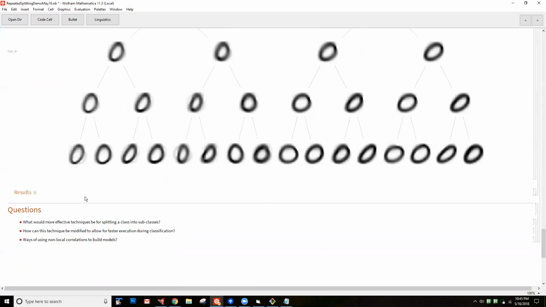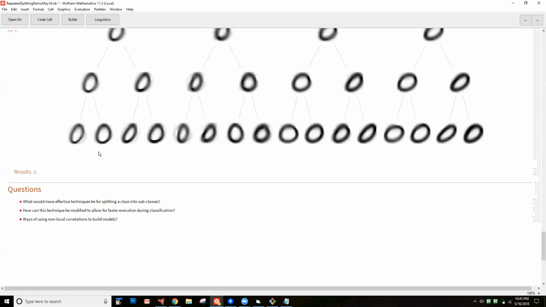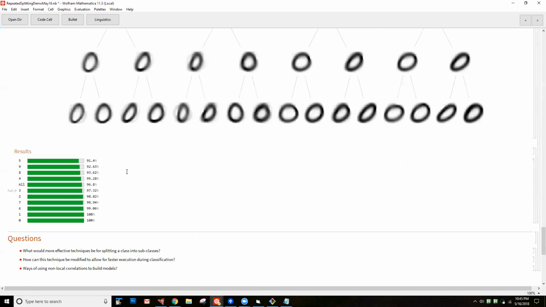Now, when I ran this experiment, I actually continued to split until I had 256 subclasses for all digits. So the results are that the accuracy went up from the original 81% to 96.8%. Again, this is on the training set, so it's a little bit overly optimistic. I think it was 95% when I tried it on a subset of the test set.